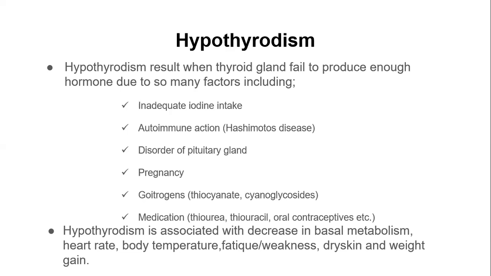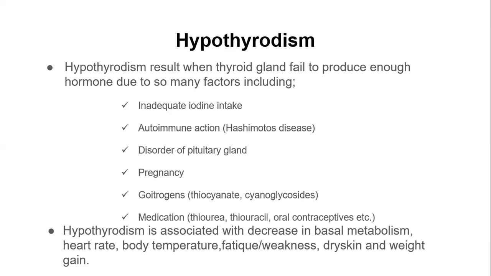So we talk about hypothyroidism, and we say simply it results when the thyroid gland fails to produce enough of these hormones. And this can be attributed to quite a number of factors. The major one, that is much more relevant to what we're talking about here, is inadequate dietary intake. Of course, if you are not taking food that contains iodine, the condition comes in.